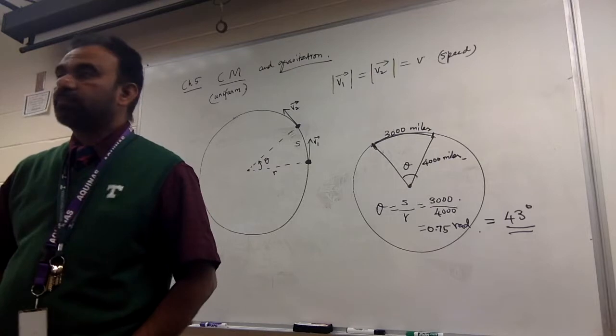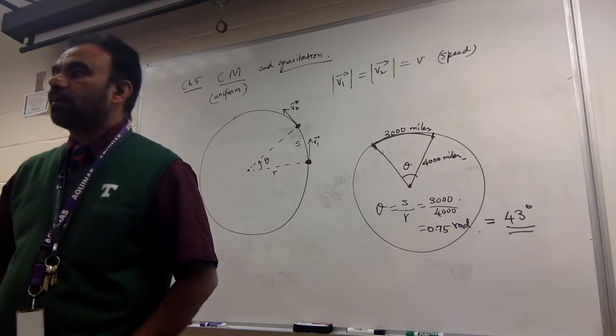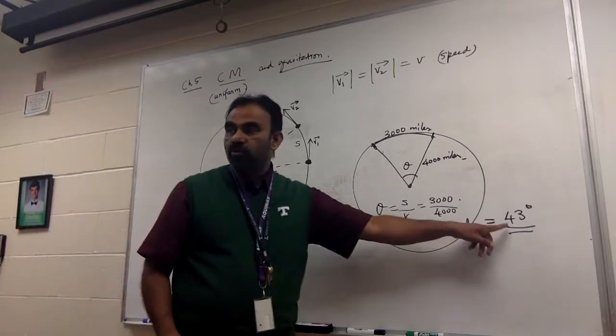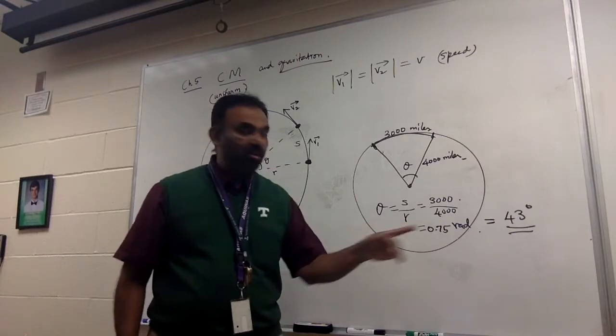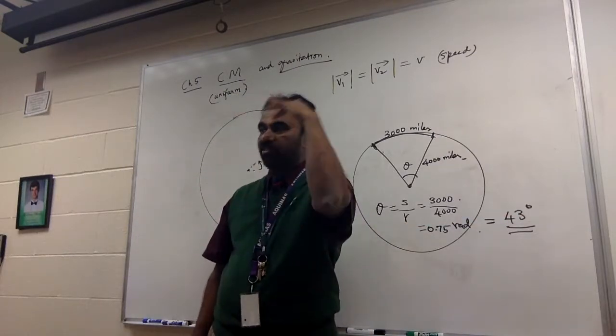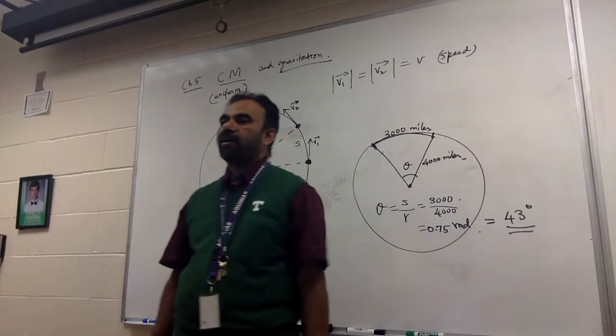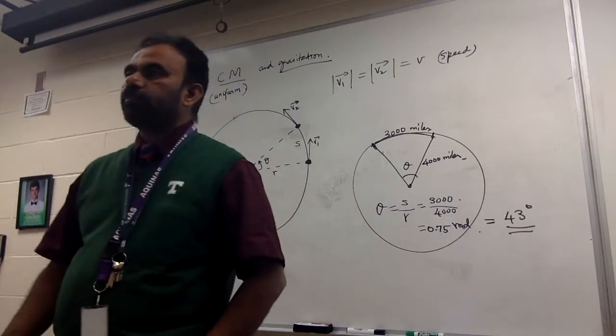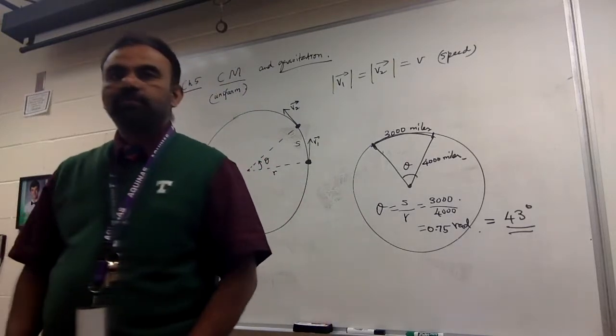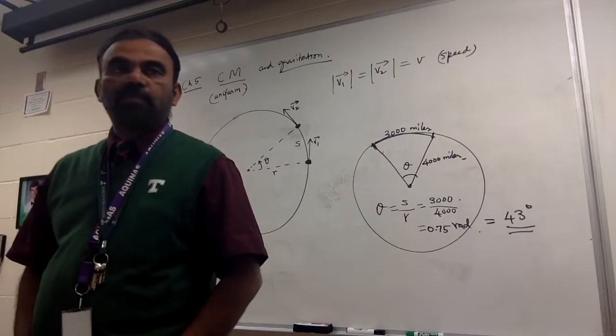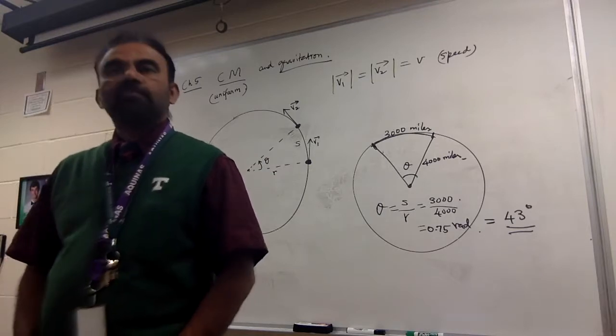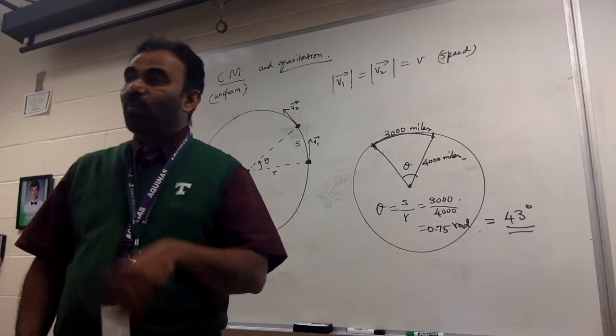Questions? Yes. Multiply by 180 because you want to get degrees. So multiply by the degree part of it, that is 180 divided by pi. 0.75 times 180 divided by pi. That's how you can easily convert. Now, why do we convert?